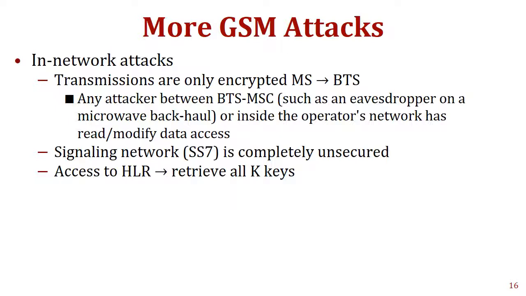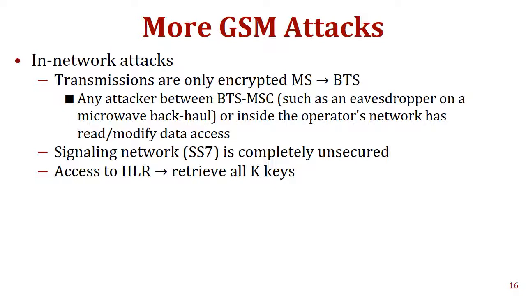Besides side channel attacks, there are lots of in-network attacks. You may wonder, didn't you tell me that 2G adopts lots of authentication and authorization? Yes, but they only adopt authentication, authorization, and also encryption partially.